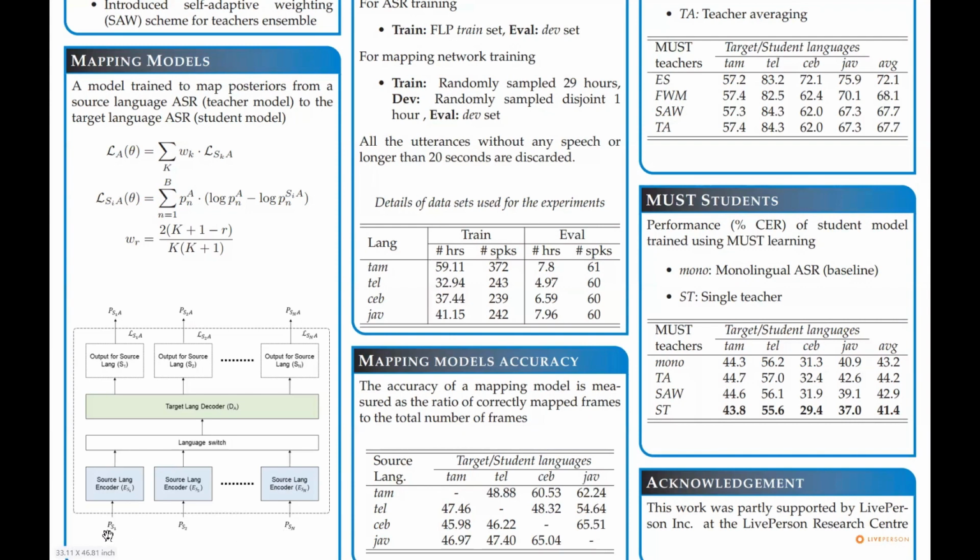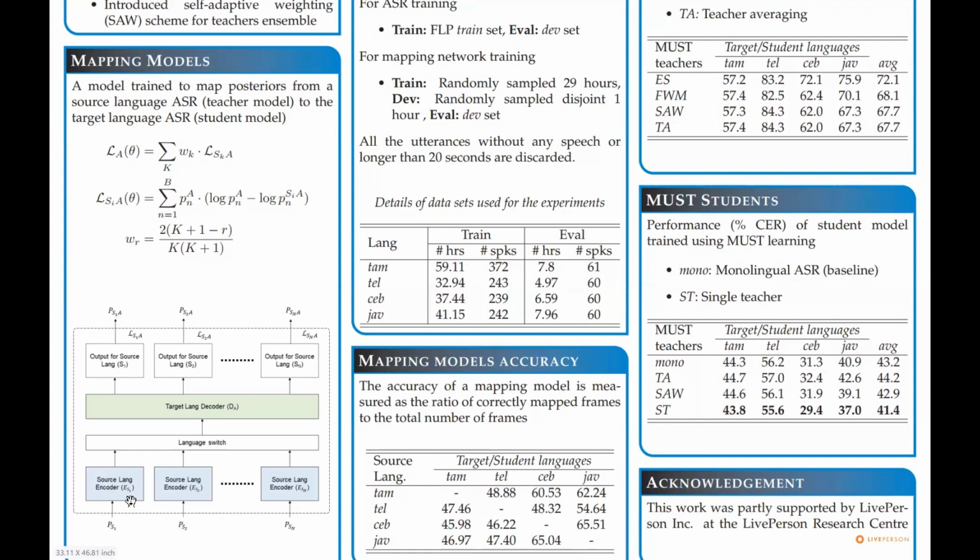PS1 is the posteriors from the ASR model of S1, given the target speech utterance. PS2 is the posteriors from the S2 source language acoustic model given the target utterance, and so on.